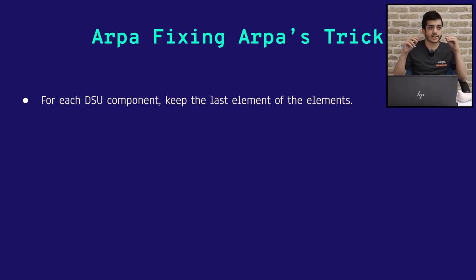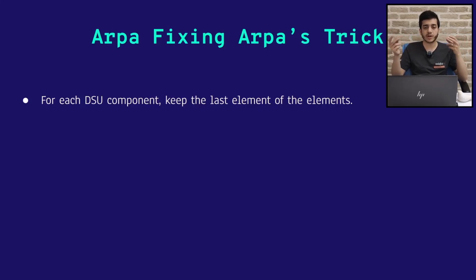So first, let me explain more why we can't use the normal DSU here that we used before in normal problems. In normal problems, you have some vertices A and B, and you want to join these two together, right? So first, we find the root of A and the root of B. Let's name them RA, RB.